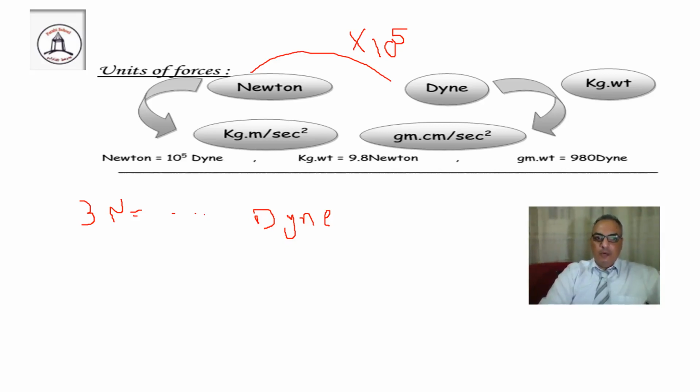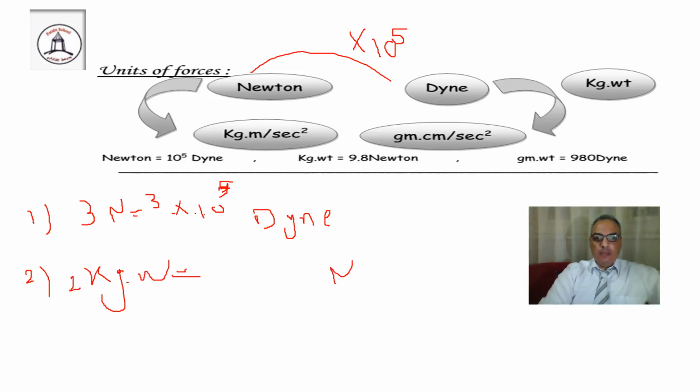So 3 Newton equals 3 multiplied by 10 to the power 5. Another example, to convert 2 kilogram weight to Newton, multiply 2 by 9.8 and so on, right?